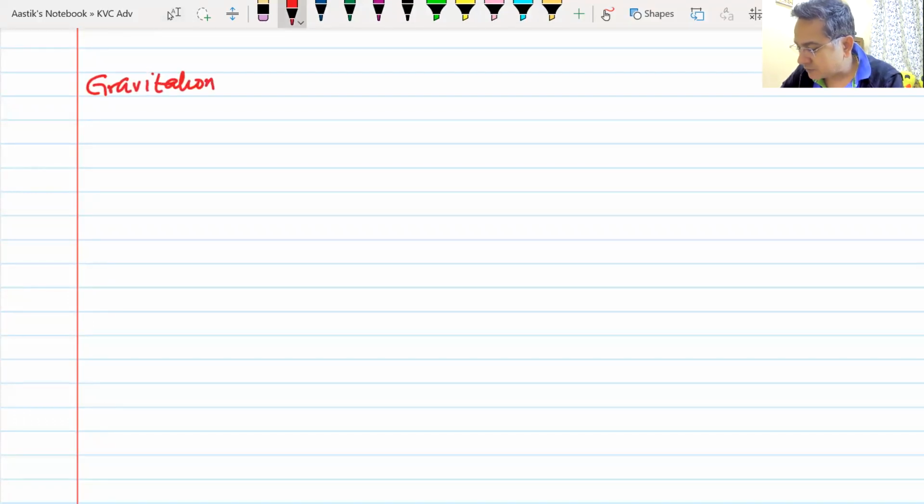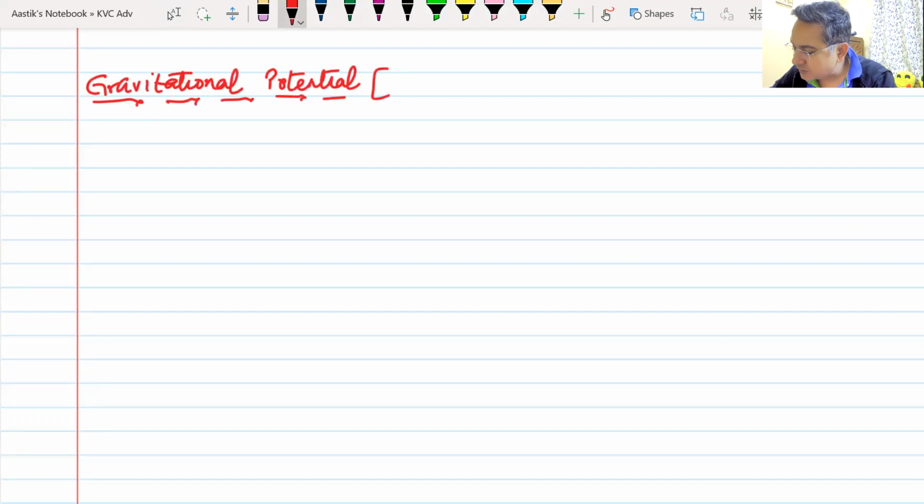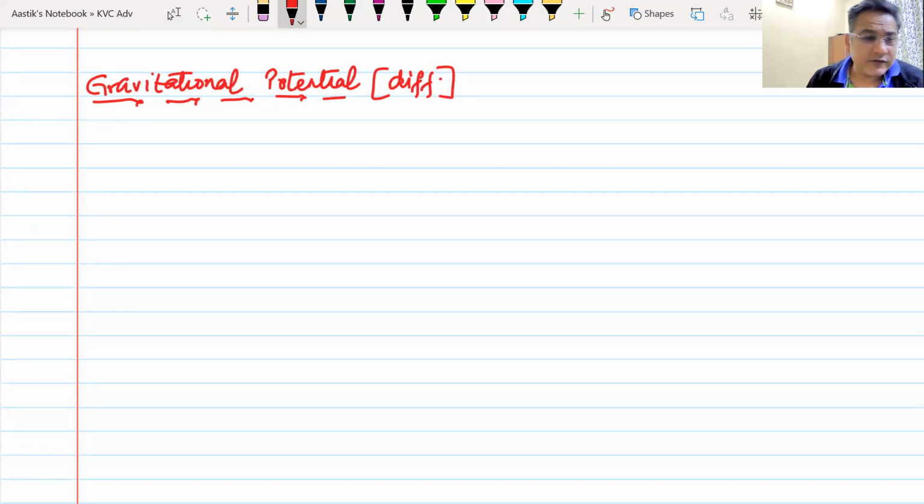Gravitational potential. Now, gravitational potential should actually be gravitational potential difference, because the absolute value of gravitational potential is not defined.